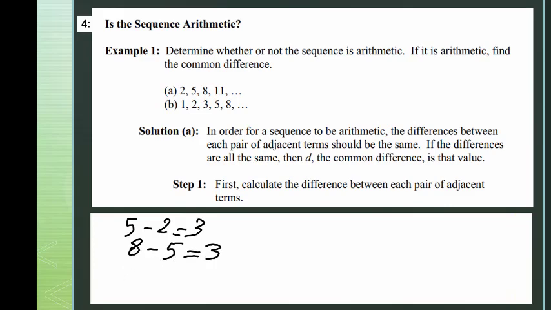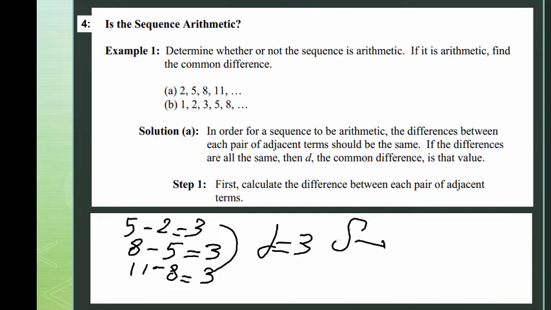And if you make 11 minus 8, you will get also 3. So you have a common difference here, which is 3. We call this D, which is 3. Then this sequence is arithmetic. Excellent.